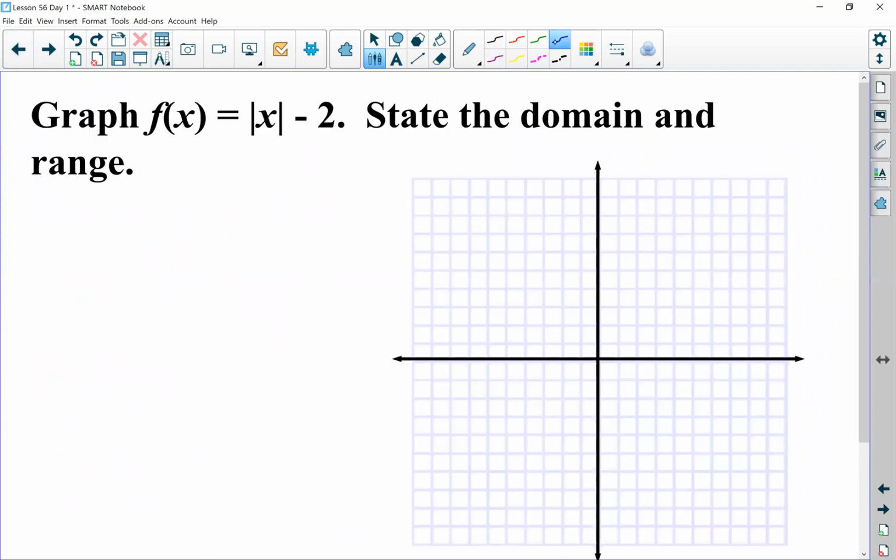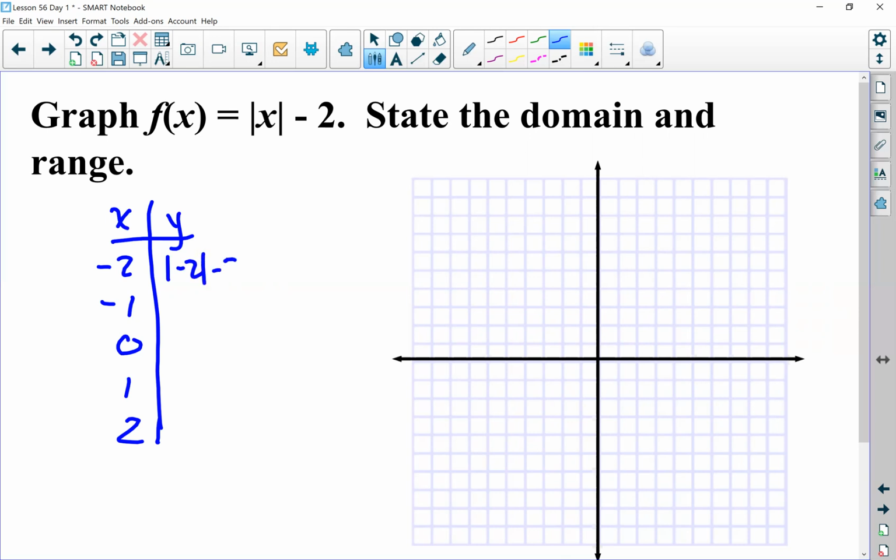So for this one, f of x, absolute value of x minus 2. So I will always pick values so that I get 0 in my absolute value, and then also a couple numbers on either side. So in this case, I'm going to check -2, -1, 0, 1, and 2. That's very good for my shotgun approach. If I plug in -2, I get the absolute value of -2 minus 2.